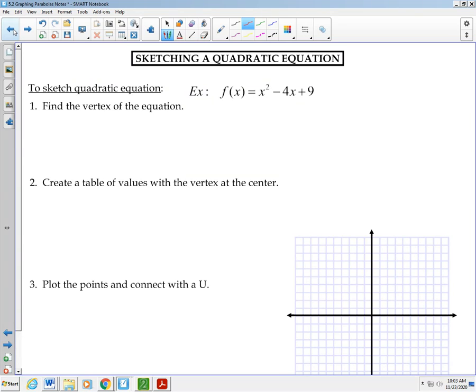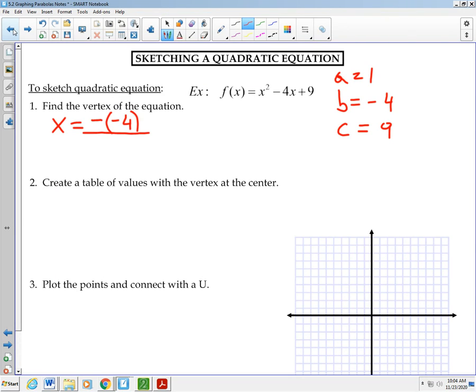Okay, so in this case, a is equal to 1, b is equal to negative 4, and c is equal to 9. The first thing you will do, x equals opposite of negative 4, so it'll be negative 4, divide by 2a, which is 2 times 1.